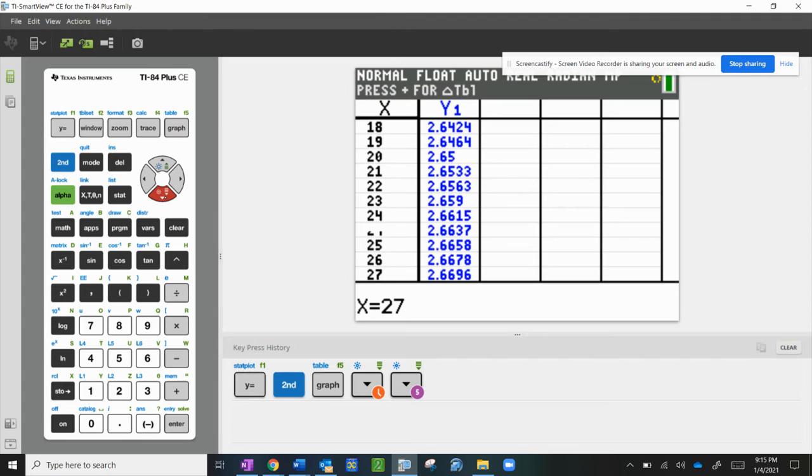Well, it would make sense that since my fraction is getting smaller and smaller, and I'm adding it just to the value of 1 and then raising it to a power, this is going to be approaching a value. And if we keep going down and increasing this value, then you will see that it's starting to approach a single number, or an asymptote.